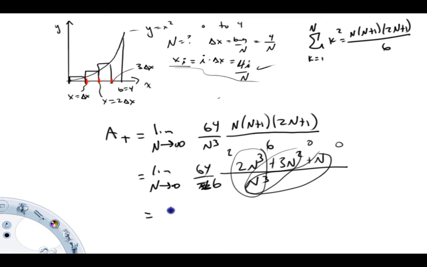So this is equal to 64 times 2 over 6, or in other words, 64 thirds. Now, I'm going to take a moment here and pause it and check it for correctness.